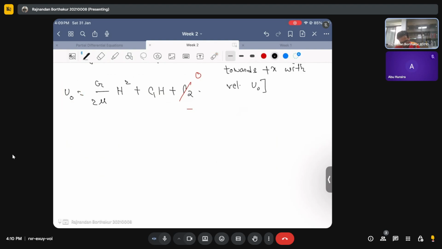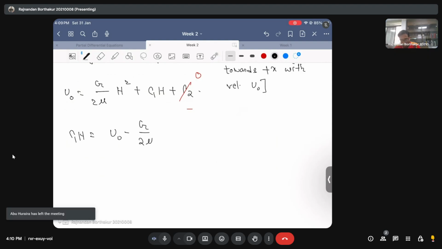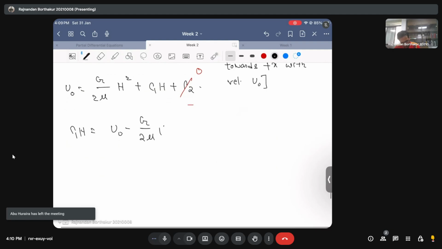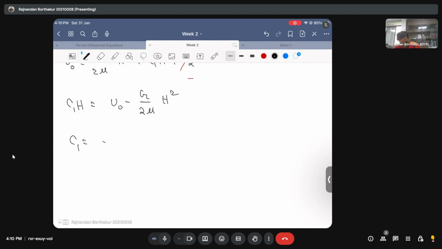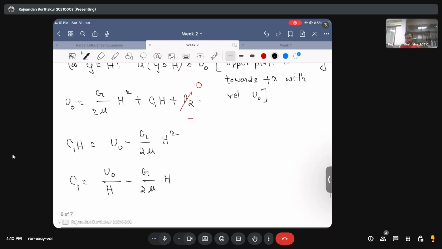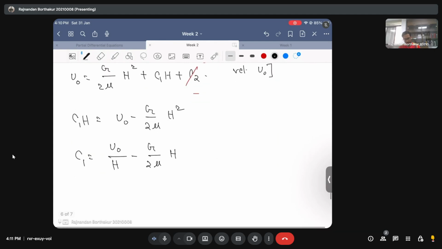So this C1 h is going to be u naught minus g by 2 mu h squared. This is C1 h. And then my C1 is going to be u naught by h minus g by 2 mu h. That is what is going to be my C1. Apologies for the mistake.